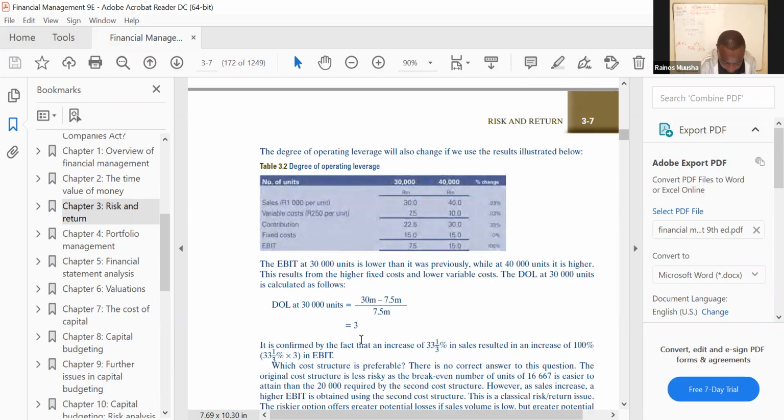In this case, your degree of operating leverage at 30,000 units is given as 30 million, which is your sales revenue, minus your variable costs of 7.5 million, divided by your sales revenue minus variable cost minus fixed cost, which gives us 7.5 million. So in this case, your degree of operating leverage is given as 3.